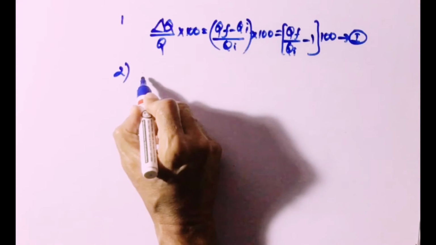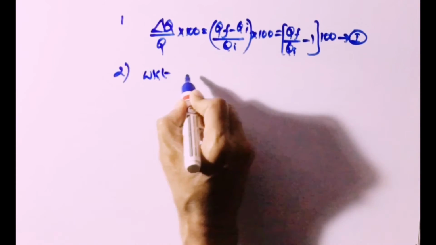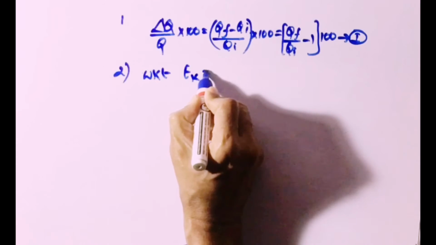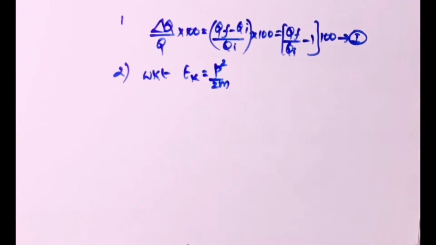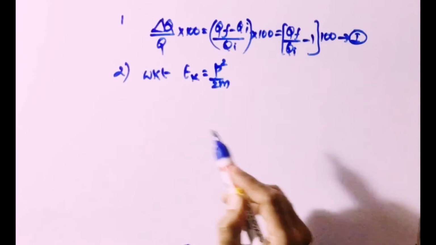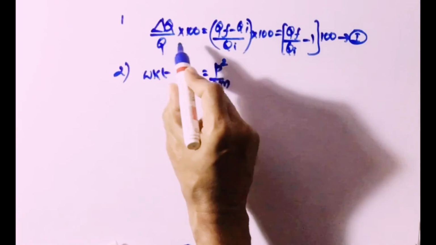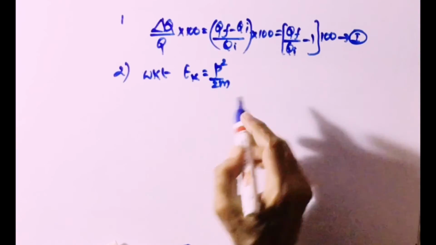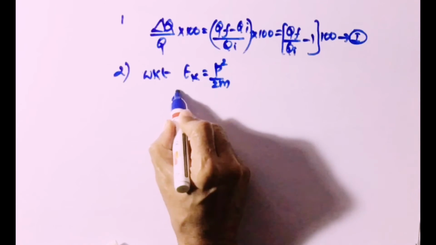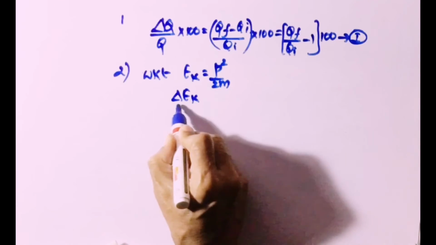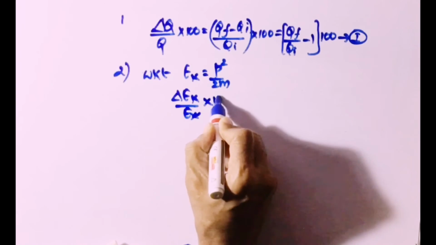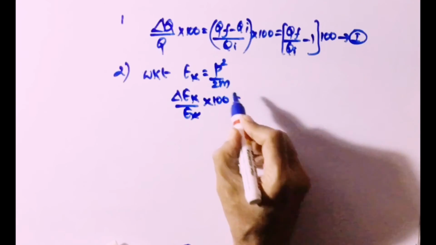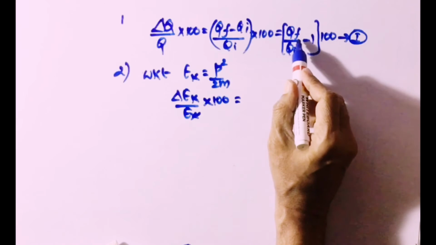Okay, we'll start. We know that kinetic energy Ek is equal to P squared by 2m, where P is the momentum. Let us look at the format one. LHS, delta Q by Q into 100. In this relation, delta Ek by Ek into 100 is equal to, what is the RHS in format 1?